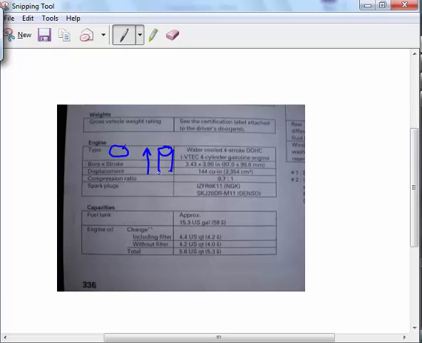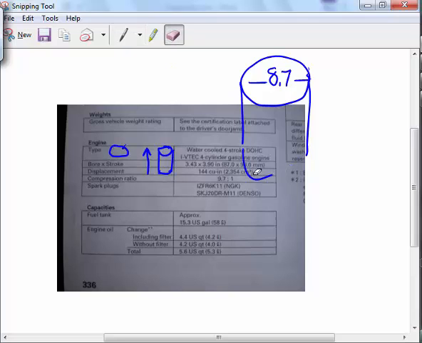And so you could draw a cylinder for that size, and we want it in centimeters, so it's 8.7 centimeters all the way across the piston, and it goes up and down. Oops, I covered up my number, didn't I? 9.9 centimeters.